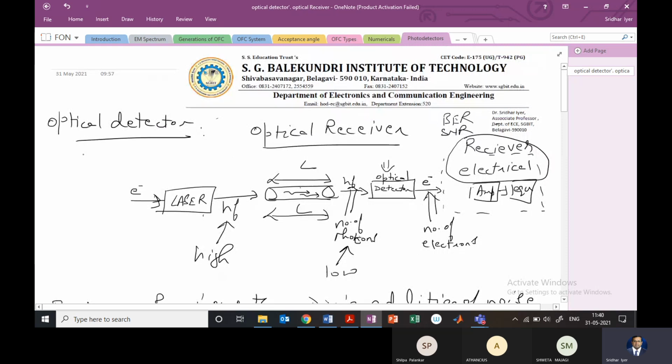The two detectors which we have in the syllabus: one is the pin photodetector and the other one is the avalanche photodetector, or in short APD. I've already told you avalanche is an English word which means multiplication. So in the APD we expect this current to multiply with large numbers. We look at the APD a little later.